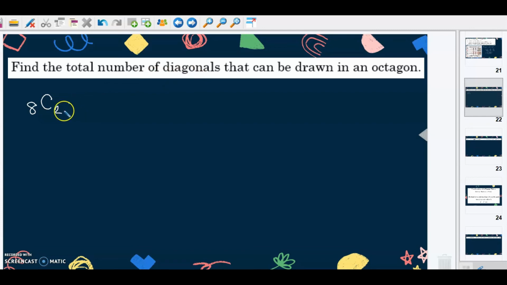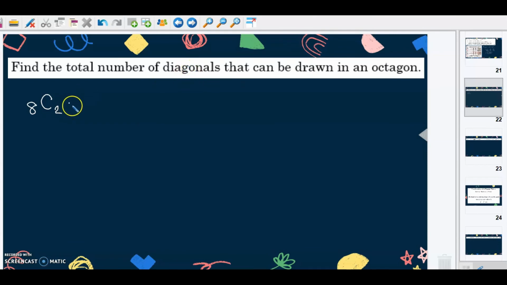Then after that, since we get 2 vertices from the 8 vertices that we have, that means there's the case wherein the 2 vertices that we get are consecutive, okay? Or magkasunod, okay? But the definition of a diagonal is a segment joining two non-consecutive vertices.